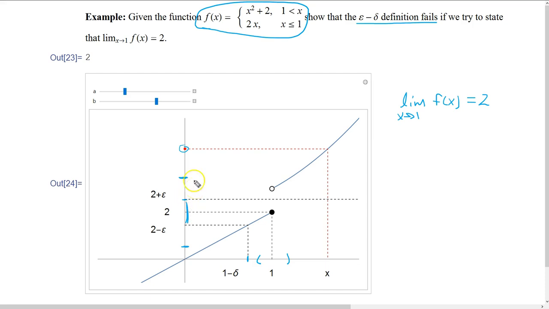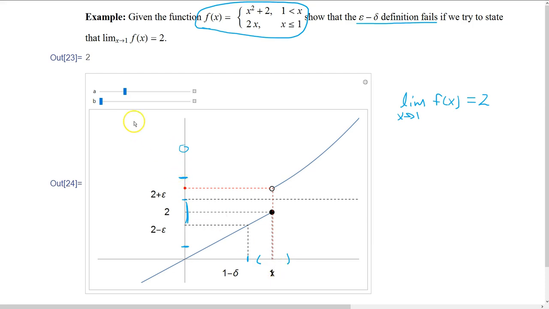Just watch this, as I let x get closer and closer to 1 from the right side, I can never force the red dot to be between 2 minus epsilon and 2 plus epsilon. It just doesn't happen. I can't force it down in there.